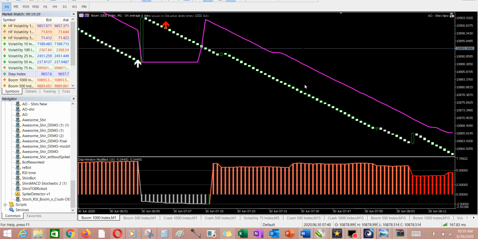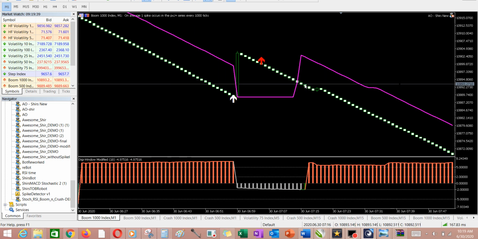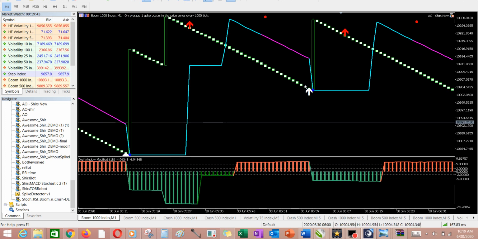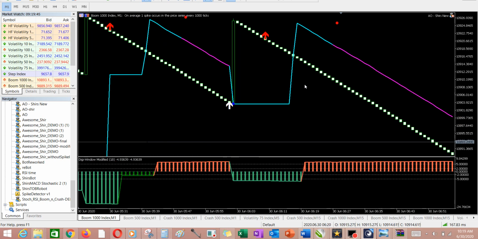So let's quickly do a few analyses of today's market so that we will know what to look for. For those that are trading 1000 and are new in the system, they can easily get a 5 minutes candle from 1000, or probably a 3 minutes candle, most especially if they have the right tools.